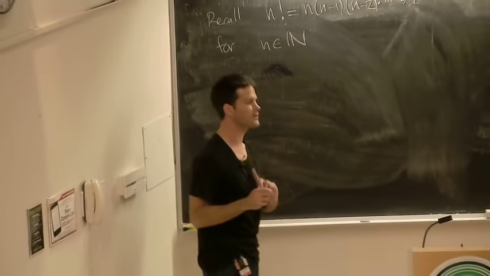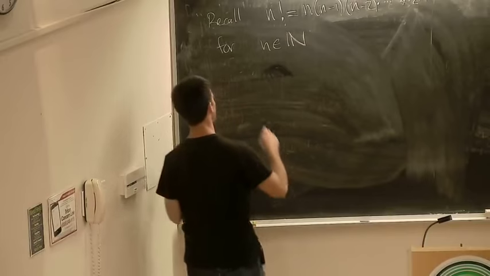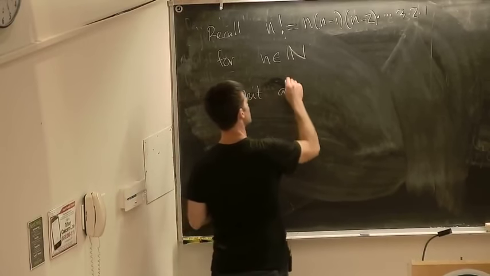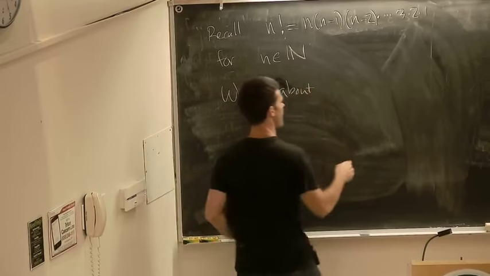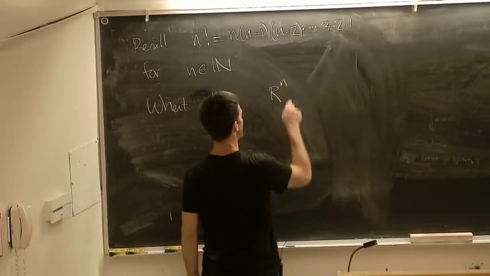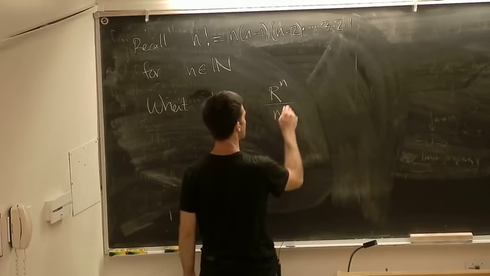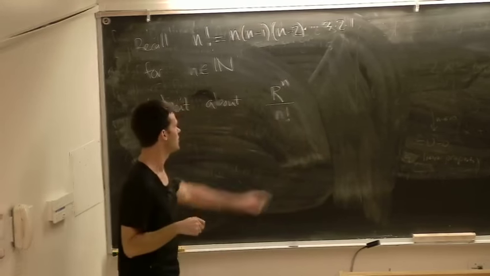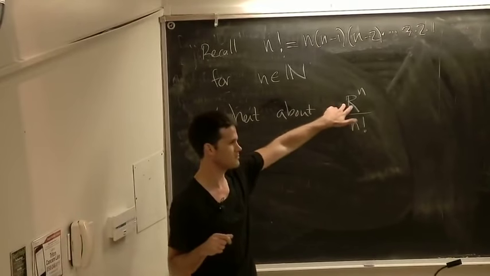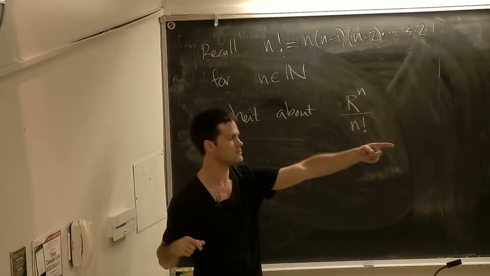Now I want to look at the fight between an exponential and a factorial. So what about, let's say, r to the n over n factorial, where r will be some big number? Like over there, r was e.